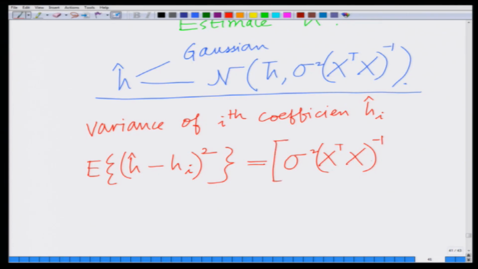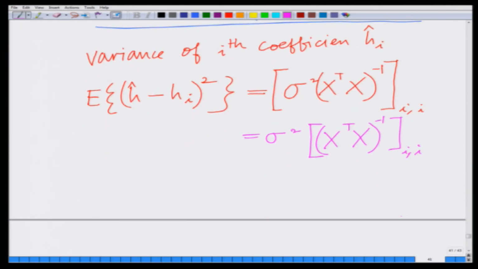Sigma square is a constant, so I can bring that out, and I take the ith diagonal element of this matrix.